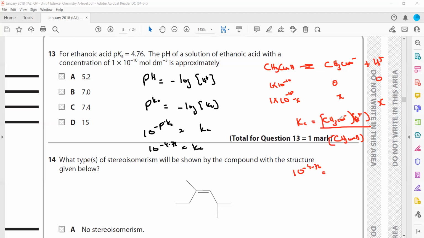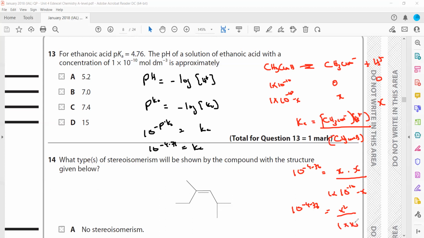The concentration of acetate ion is X, the concentration of hydrogen ion is also X, and this is divided by 1 into 10 to the power minus 10 minus X. But we neglect X because X is very small. We normally neglect it in calculations. So this becomes 10 to the power minus 4.76 is equal to X squared divided by 1 into 10 to the power minus 10.